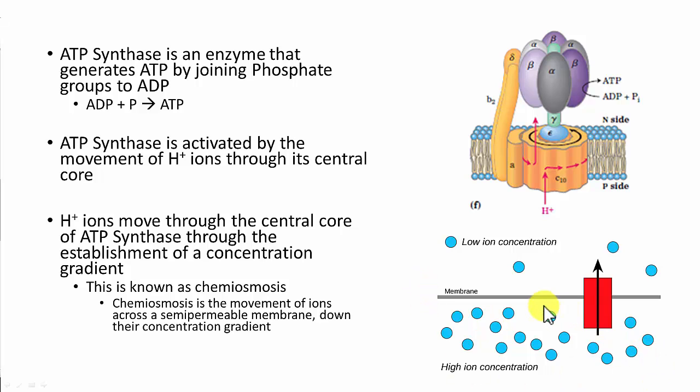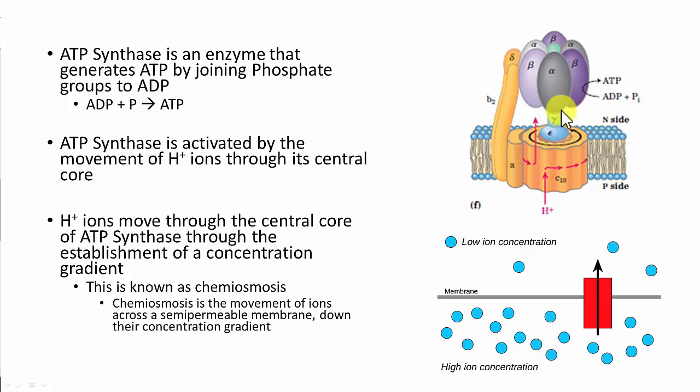So what happens in the case of ATP synthase is it acts as a valve to allow the hydrogen, this concentration, to move through it, which is like the equivalent of taking the cap off of a water bottle. Imagine you have a water bottle trapping the water inside. The water would easily move out of it if you open the cap and turn it upside down, but as long as the cap's on, it remains inside.